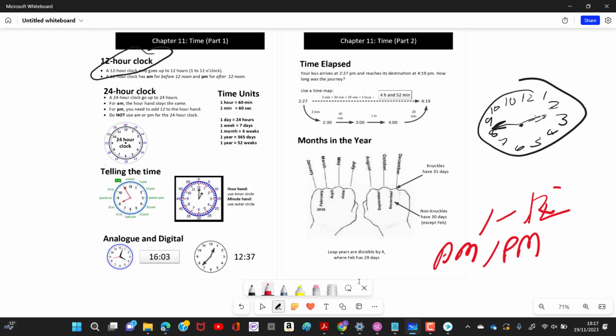AM means before 12 o'clock, before noon. So anything before noon. And PM is afternoon. So that's the most important thing. The 12-hour clock goes up from 1 to 12, AM is before 12 noon, and PM is after 12 noon.